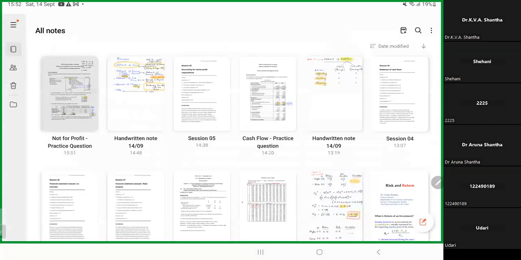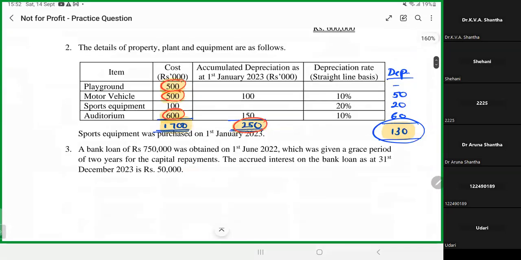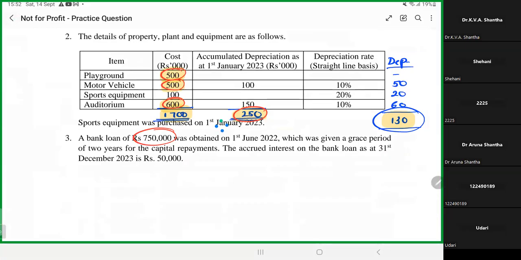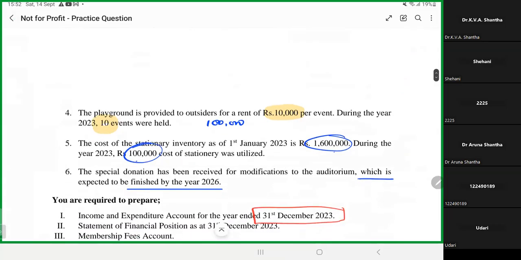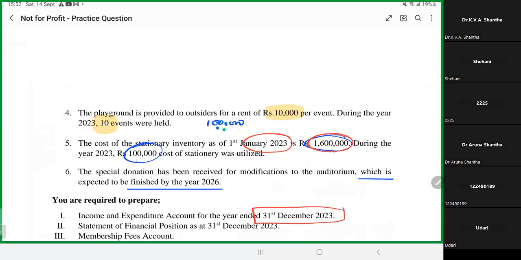What else? At the beginning, you had a bank loan, 750. And at the beginning you had stationary stock, 1,600. So you take those beginning assets and liabilities.